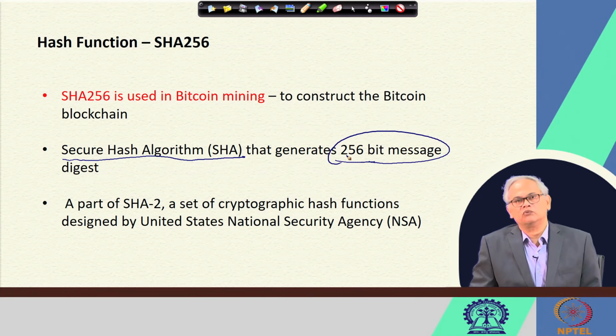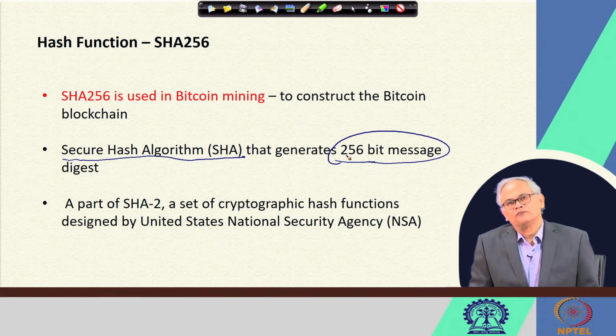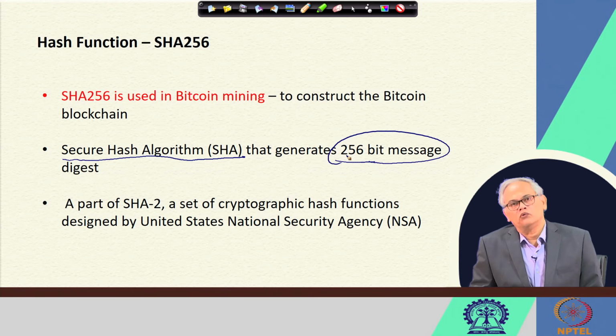And in our last lecture, we have also seen in the web application, which is the supplementary material for the textbook that was mentioned, that you can give any message as input and you can see the output. For SHA-256 we have seen that it has 64 hexadecimal digits, which means that it is 256 bits of output as the message digest.